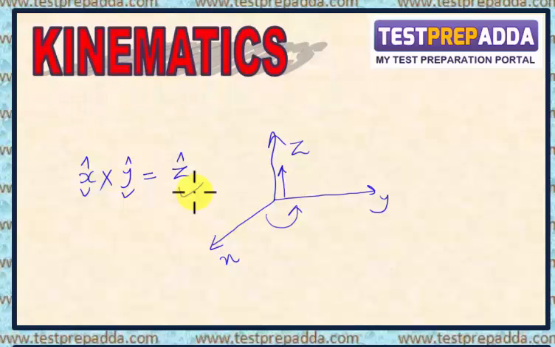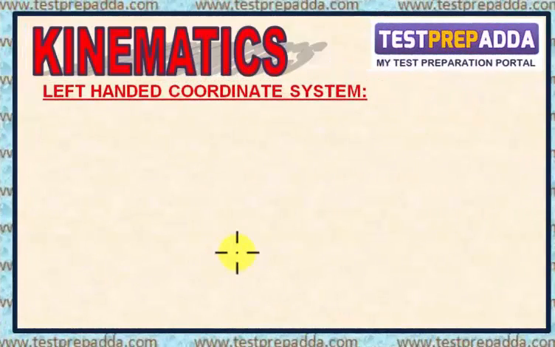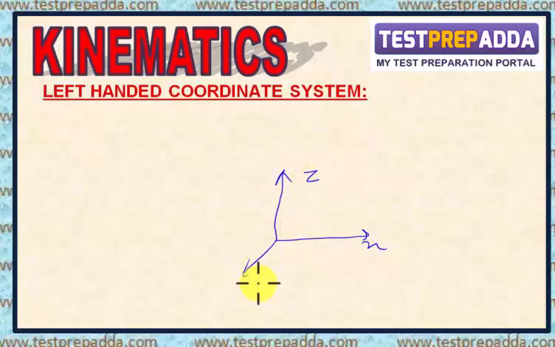Now I will talk about left-handed coordinate system. In the left-handed coordinate system, we write x-axis here, z, and this side y.